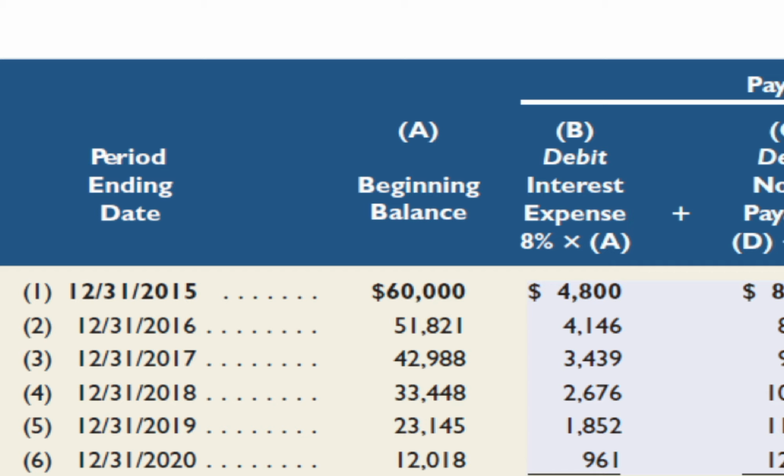Okay? So, how does that work? Basically, you're coming up with an amount of cash that you're going to pay out each payment date. So in this case, it's once a year. At the end of each year, you're going to pay the same amount of cash, $12,979.